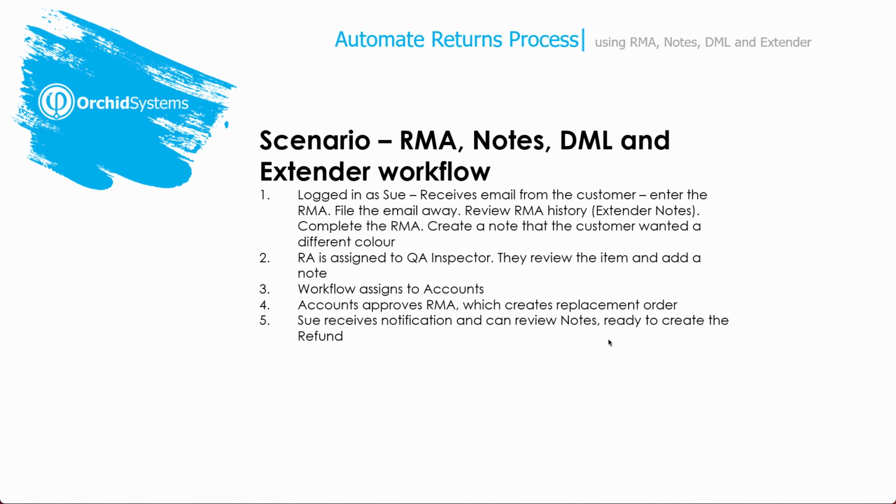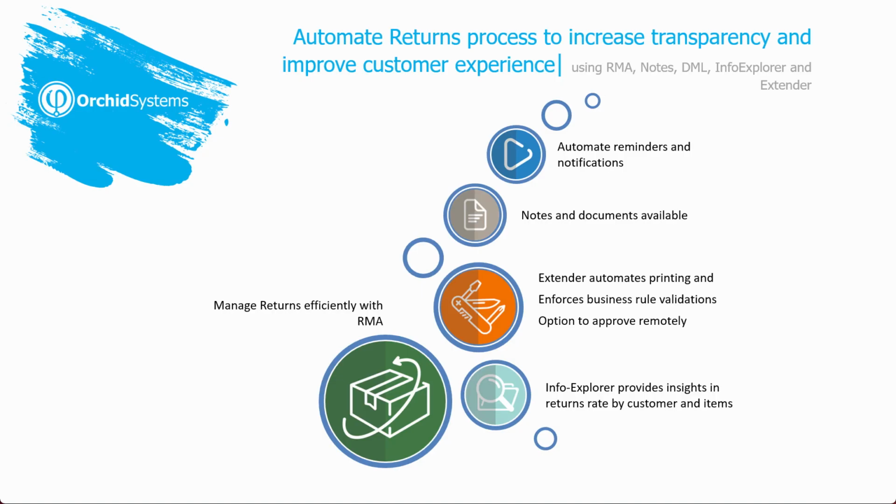In this example, we've seen how we can use notes and document management link around RMA to track details about the original invoice, about the customer, about the return process itself, as well as configure Extender workflow to approve the completion of the RMA. RMA helps manage your returns efficiently when you add Info Explorer to provide insights into your returns rate by customer and items.